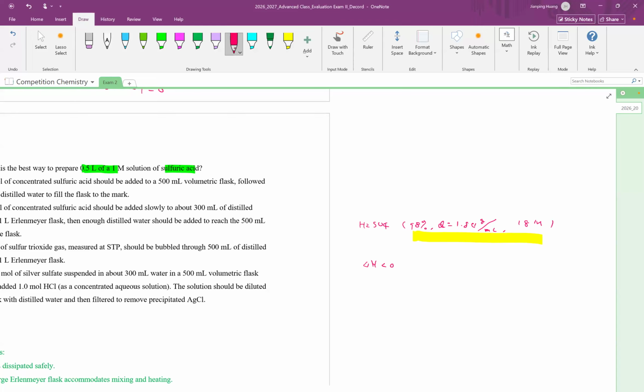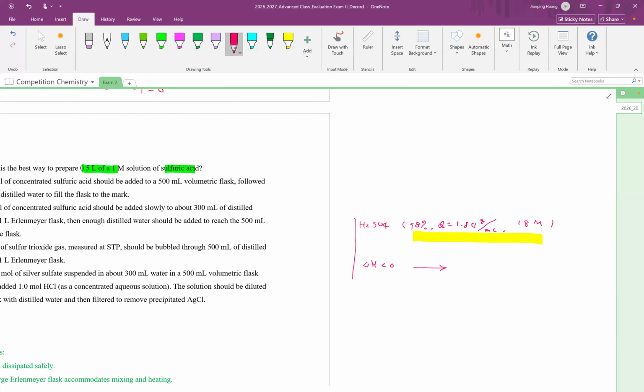Where do you do this? The standard way is in an ordinary flask or in a beaker. Then you transfer to a volumetric flask. That's the right way. You cannot put water in the volumetric flask and then add acid to the volumetric flask. No, that's totally wrong.